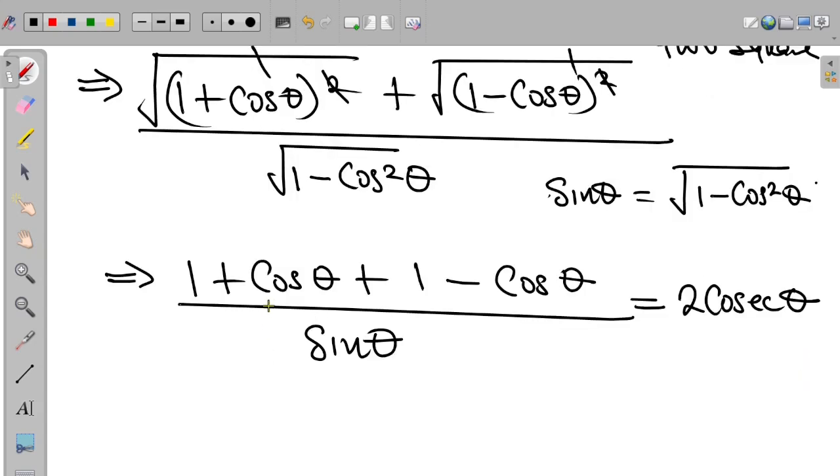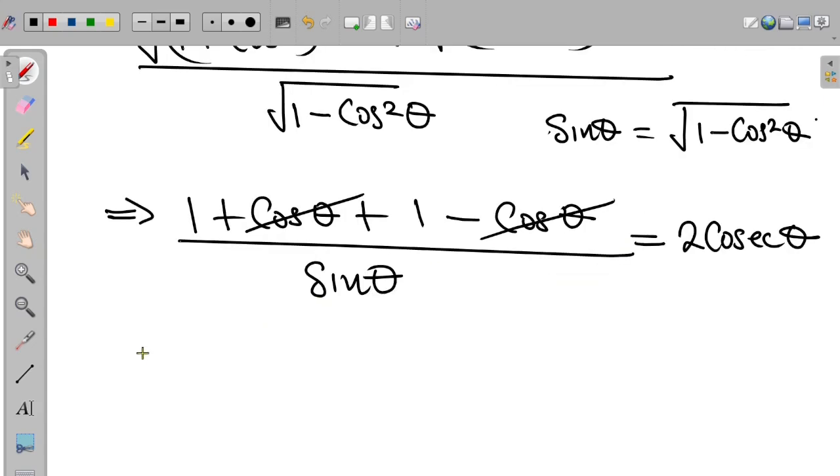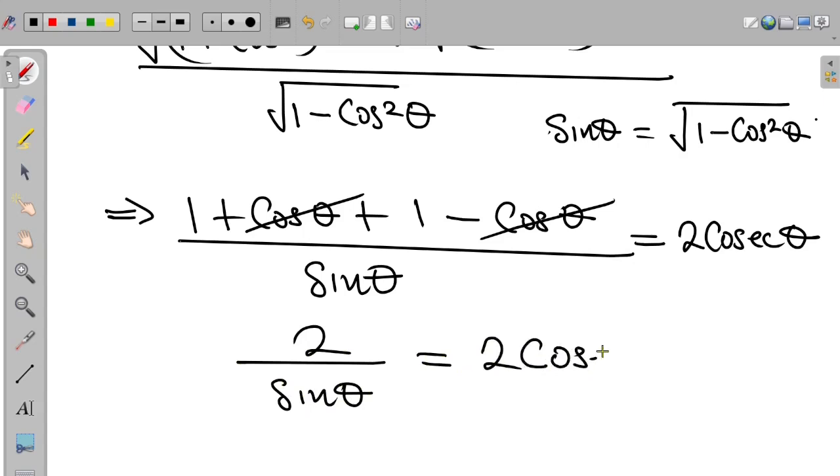Now, if you look at the numerator, cos theta will cancel out minus cos theta. So therefore, we'll be left with 2 divided by sine theta, which is equal to 2 cosec theta.